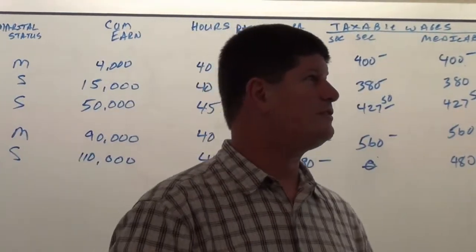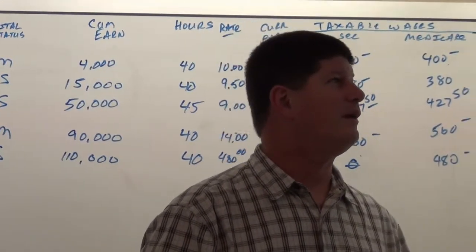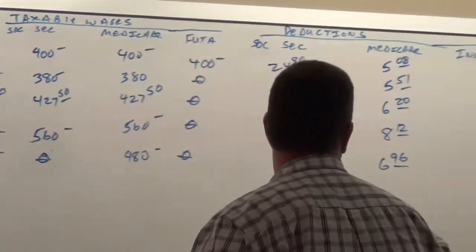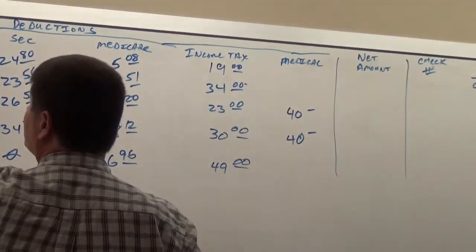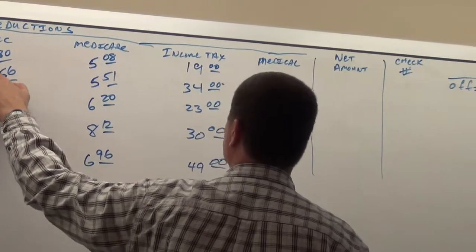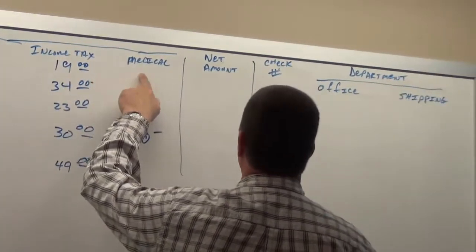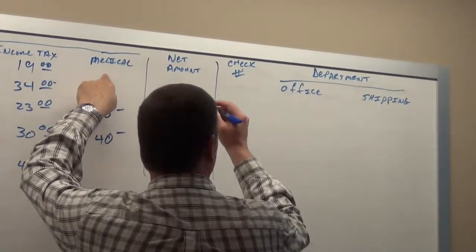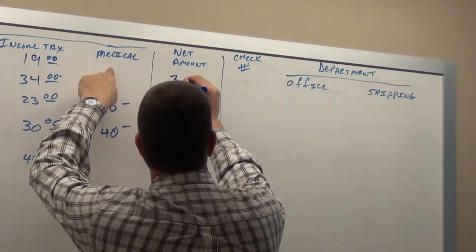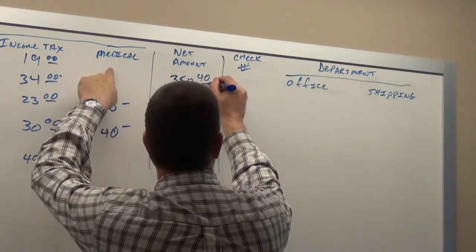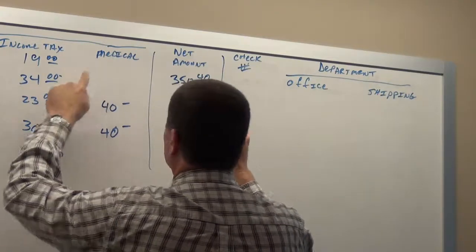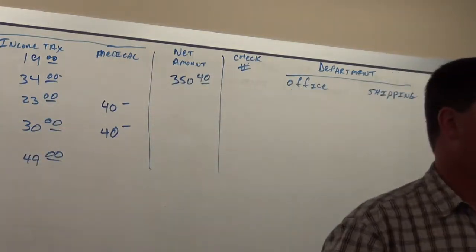Let's see if we can cheat this. You take 400 current earnings, subtract the Social Security, the Medicare, the income tax, and the medical, and you get a net check of $350.40.